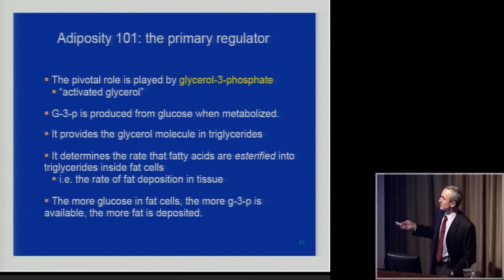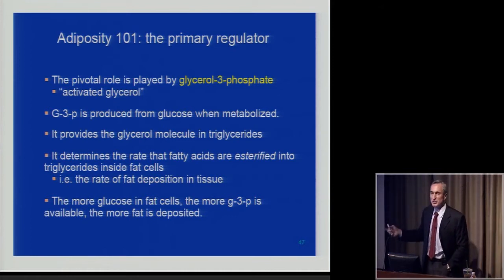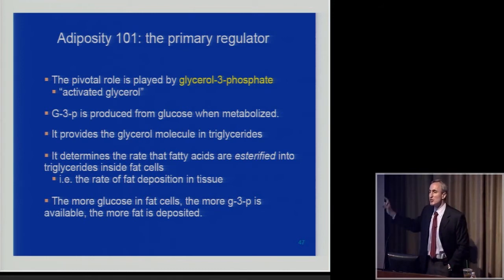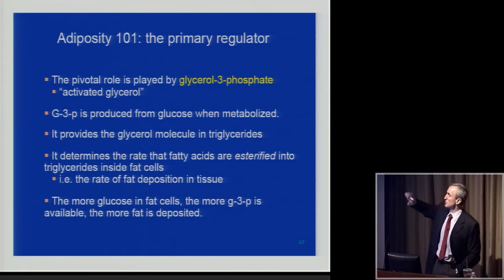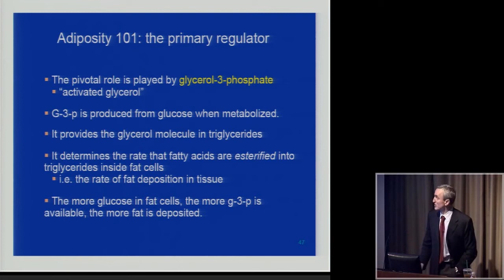But what's interesting about this is that we control the amount of fat because glycerol 3-phosphate is produced from glucose metabolism, and we need glycerol 3-phosphate to store fat in the fat tissue. It's a way that our body uses carbohydrate metabolism to control fat deposition, in the same way it uses the release of fat by the fat tissue to control the burning of carbohydrates in the cell.